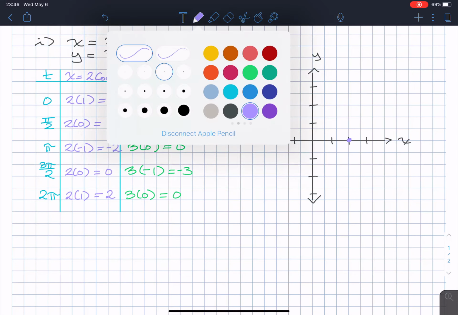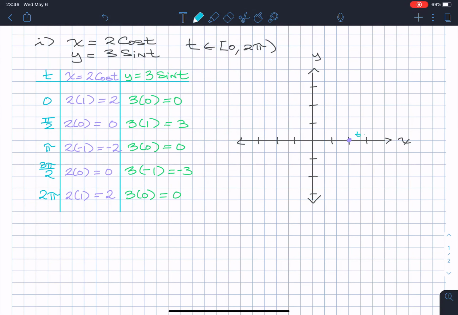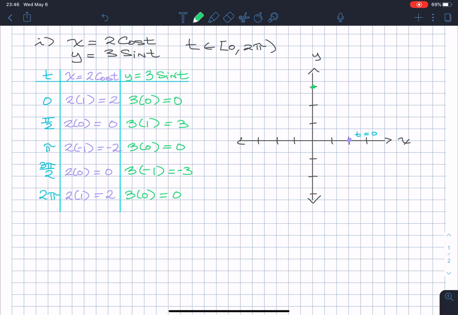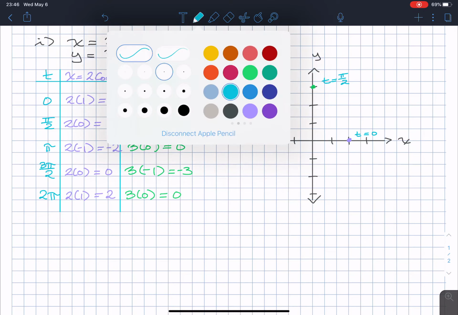That's when t is 0, right? t equals 0. My second point is at 0, 3, and that is when t is equal to pi over 2. That's interesting because look at where it's oriented, at what angle it's oriented.